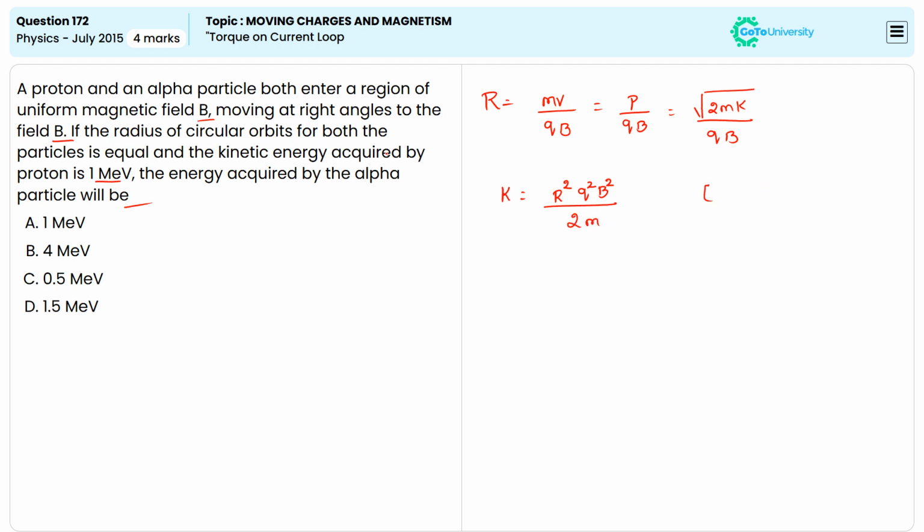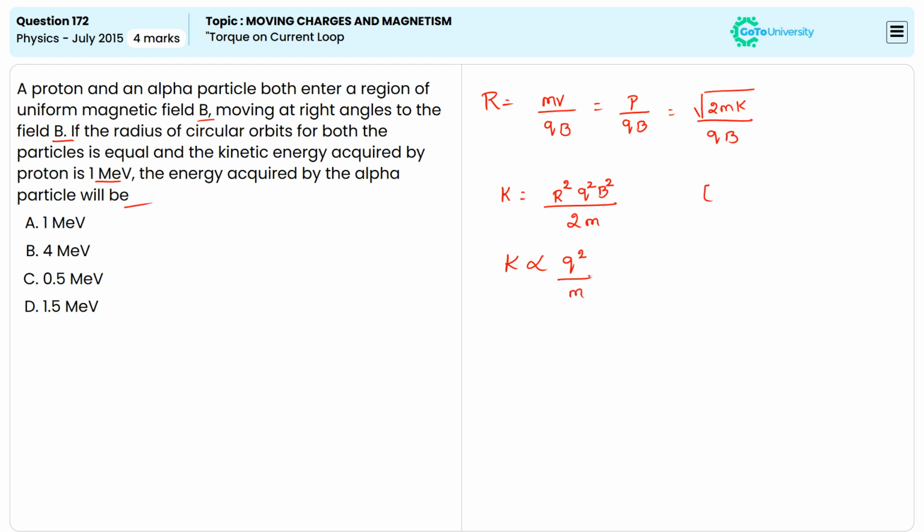Since they say that the radius of the circular orbits for both the particles is equal, and the kinetic energy acquired by the proton is 1 mega electron volt, I can say that R and B are equal here. Then K is directly proportional to q squared over m.